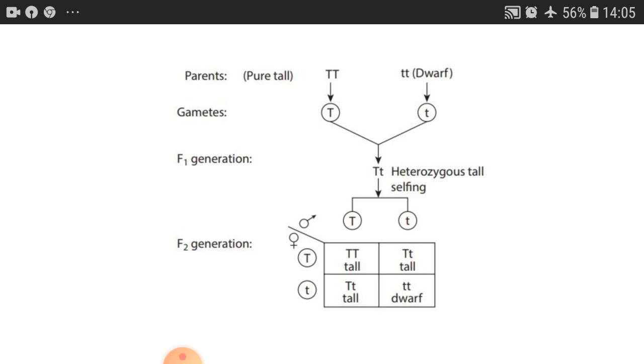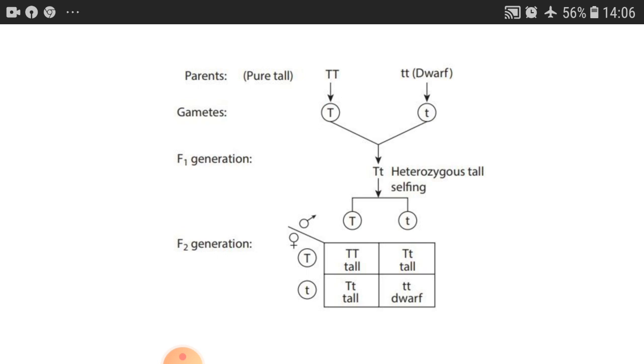Now in the F1 generation, or the first filial generation, all the plants were tall, right? But none were dwarf like one of its parents. So this means that F1 resembles one of the parents and the trait of the other parent is not seen. The trait which expresses itself, we call it the dominant trait.